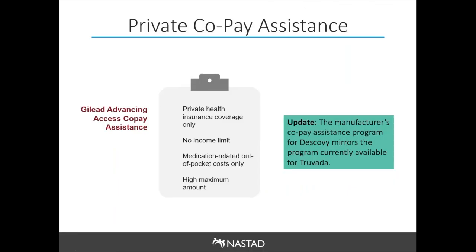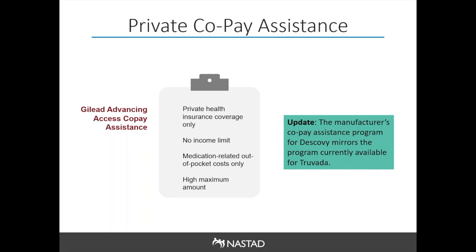The manufacturer of the two drugs approved for PrEP offers a copay assistance program for all patients with private healthcare coverage, and PrEP cost includes this assistance, the copay assistance card, in our estimates of cost. The program covers PrEP patients regardless of income, and it covers all of the out-of-pocket costs related to the medication.